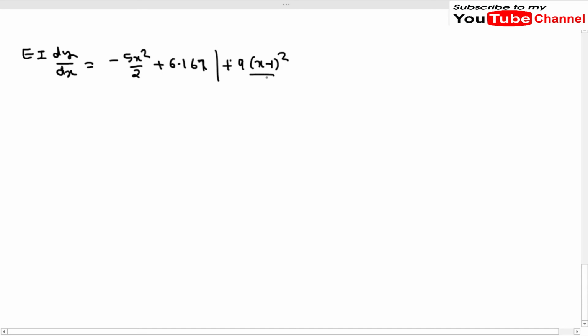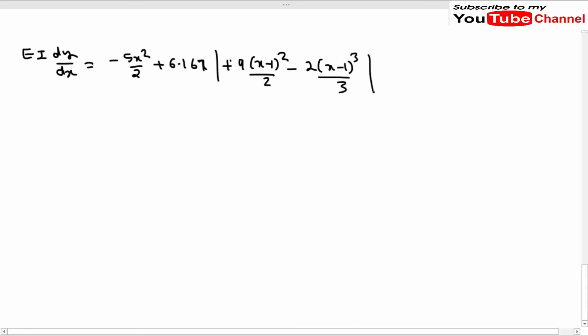So the equation for slope will be 5x square by 2, and the value of C1 is 6.167, vertical line, plus 9 into x minus 1 whole square by 2 minus 2 into x minus 1 whole cube by 3.